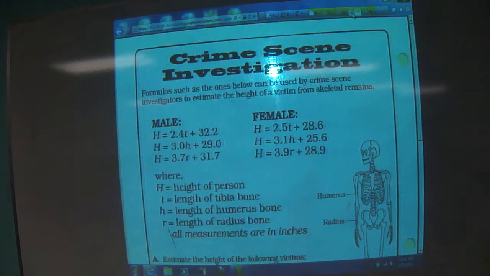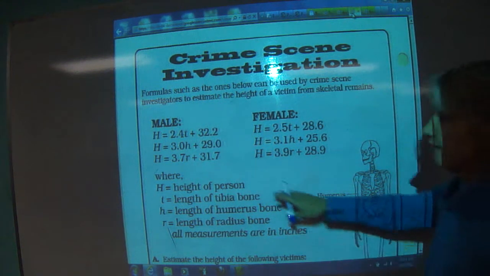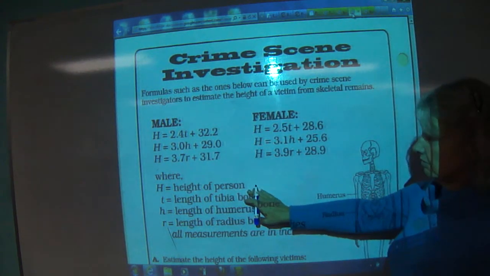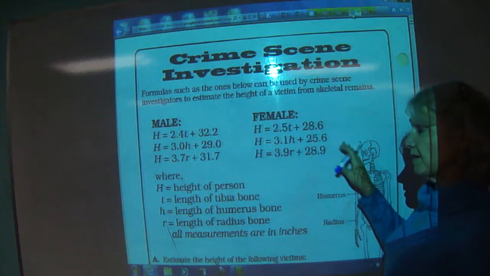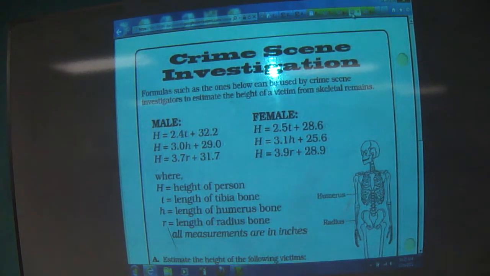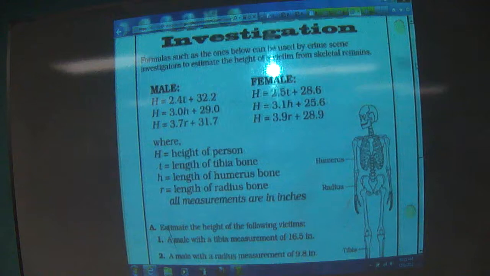So what you have is the height of the person, the capital H. We have males and we have females, okay? The length of the tibia, the humerus, and the radius.